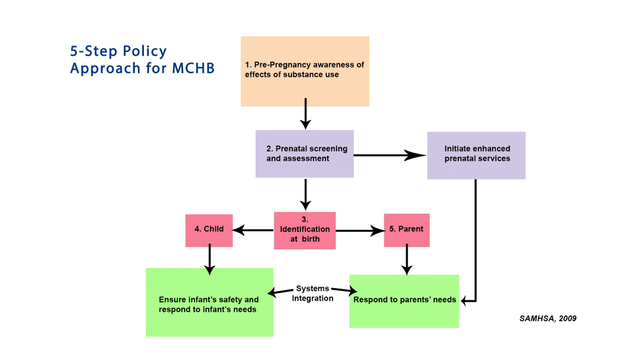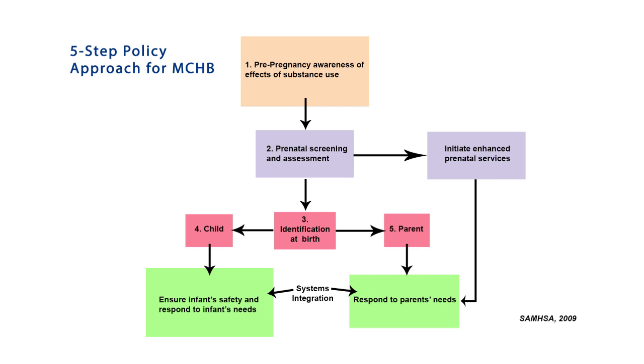SAMHSA looked at neonatal abstinence syndrome and a general policy approach that could be used for all substance use during pregnancy. And SAMHSA utilized 5 phases. Number 1, pre-pregnancy awareness of the effects of substance use. Number 2, universal prenatal screening, resulting in enhanced prenatal services for those women found to be using substances.